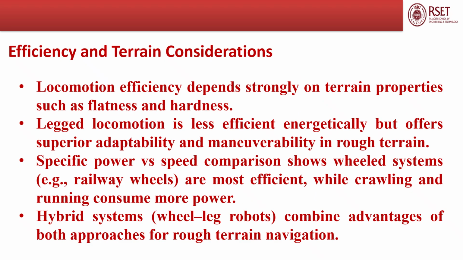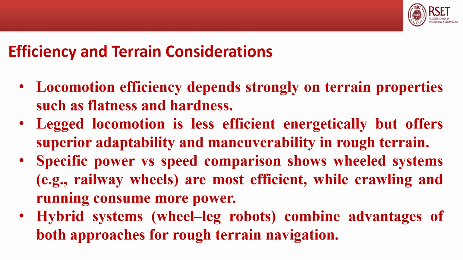Now we'll see how efficiency works in terrain considerations. The efficiency of locomotion mechanisms depends strongly on terrain properties such as flatness and hardness. Wheeled locomotion achieves very high efficiency on smooth, hard surfaces like roads or railway tracks.